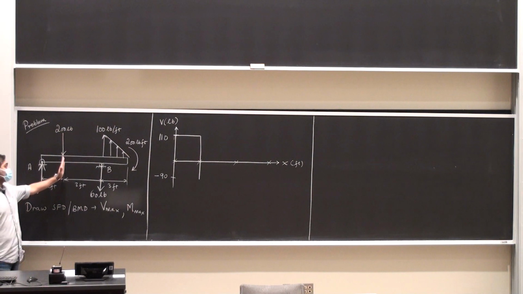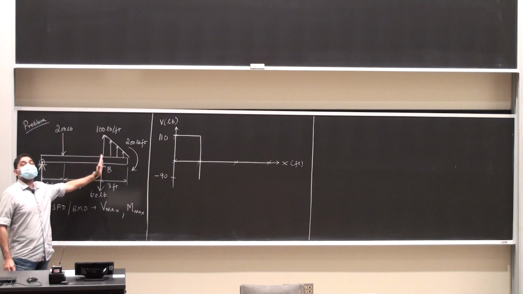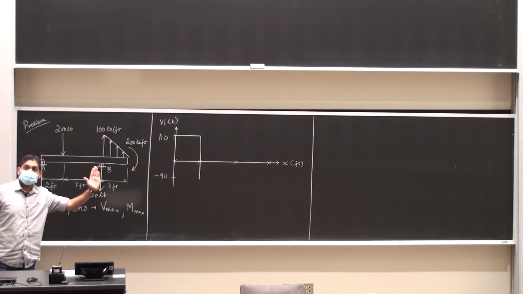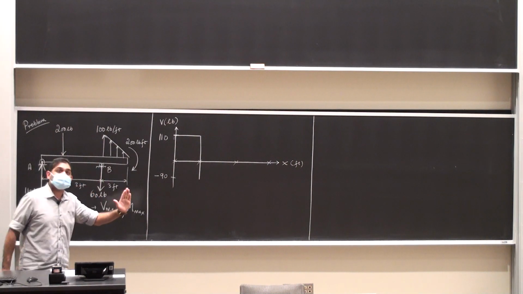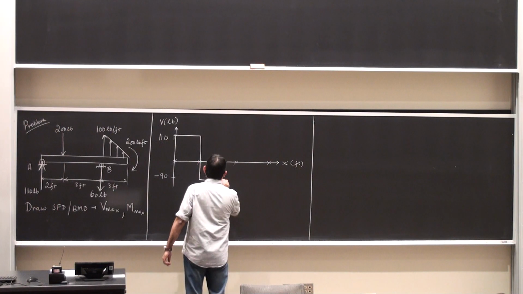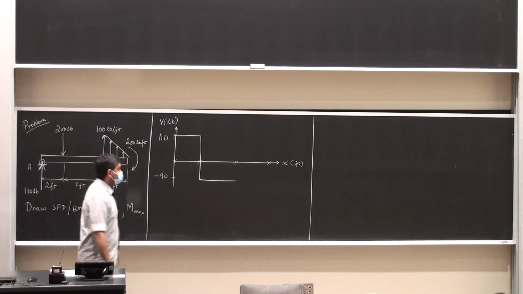So as I go from x equals 2 feet to x equals 5 feet, I'm first of all traveling at minus 90 pounds until I reach the force of 60 pounds, which is pushing me down further. Okay, so I travel down this way.